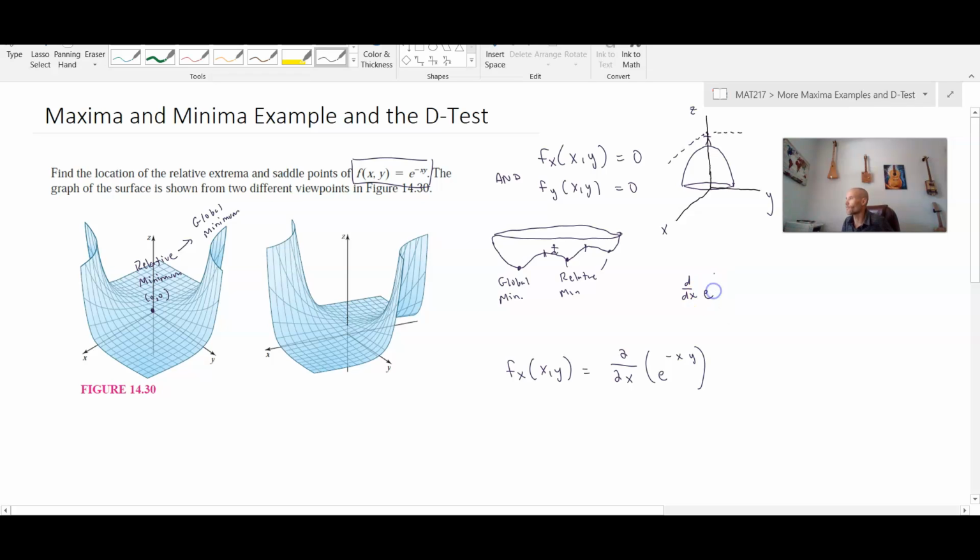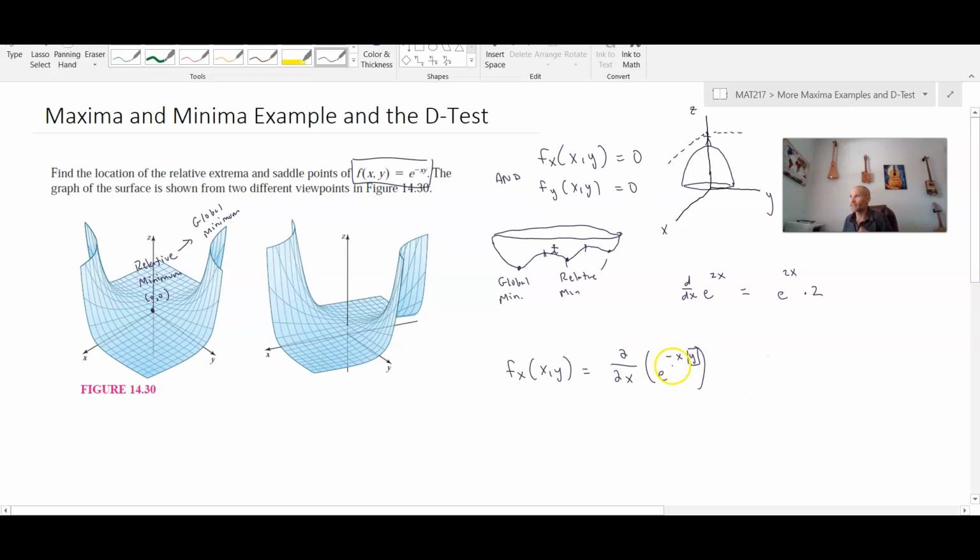brief calculus or our first calculus course of something like this, then I know that the derivative of e to the anything is e to the anything, but times the derivative of the stuff. So we have e to the stuff. It's not just e to the x, it's e to the 2x. And so when that's the case, we also have to take the derivative of the exponent, which will be 2 in this case. Now in our situation here, we're holding y as if it were constant, right?